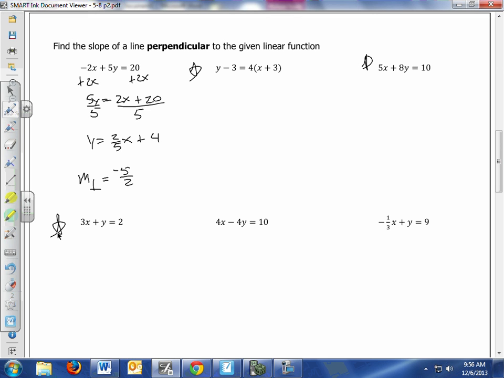Check that one again. And that one. All right, I want to see everybody checking. Are you checking? Do you all check? Check, if you haven't checked yet.